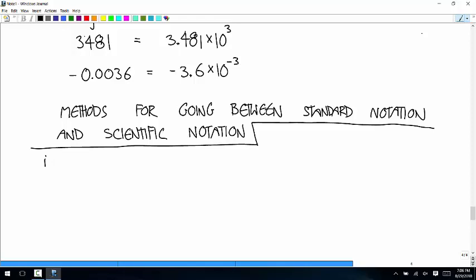Okay, so for the first one, we want to go from standard to scientific. And the example I'm going to use here is negative 541.6.